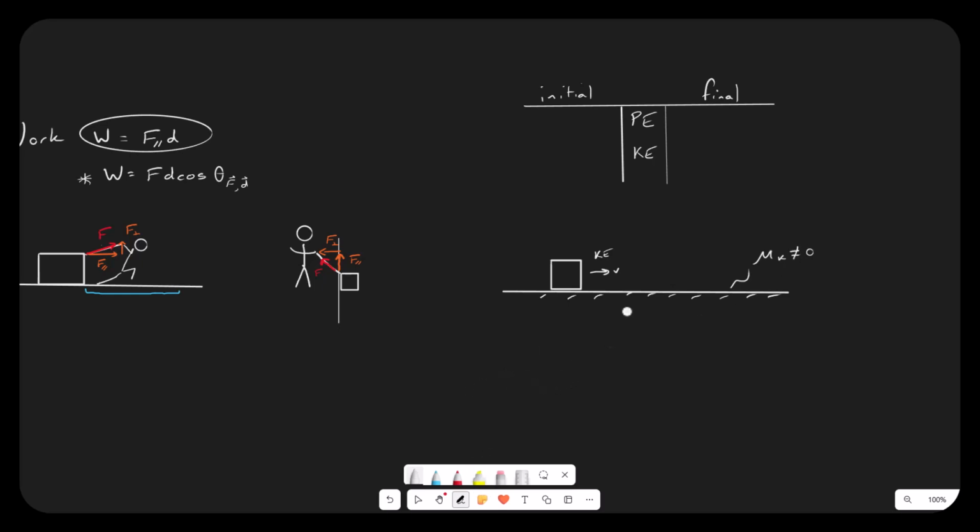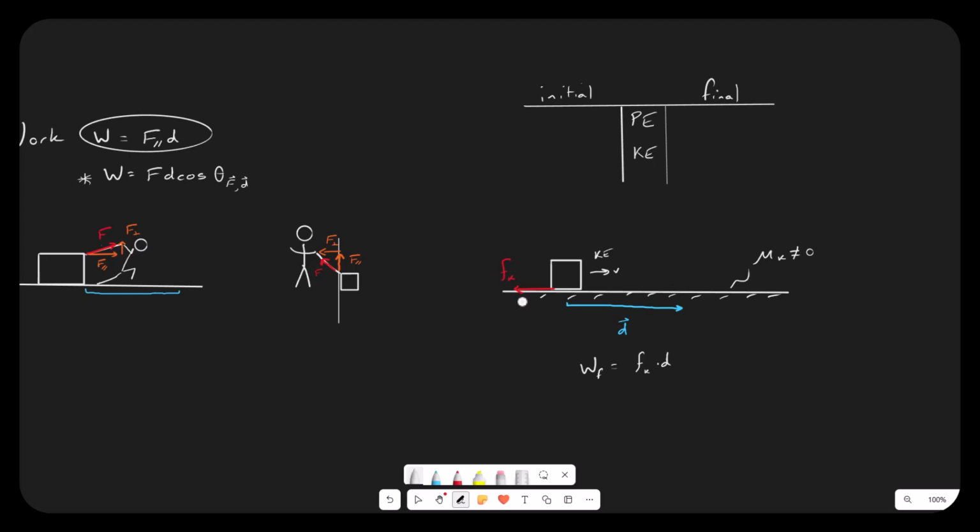So right now what I have is a frictional force that works to slow me down. My displacement is in this direction. So when I write my work done by friction, it is going to be the force from friction times the displacement.